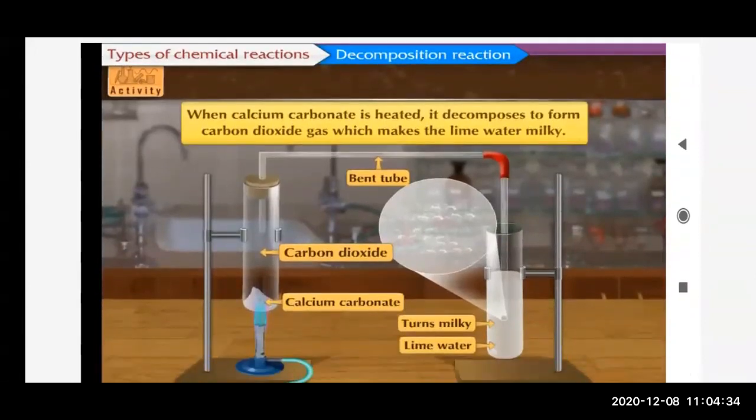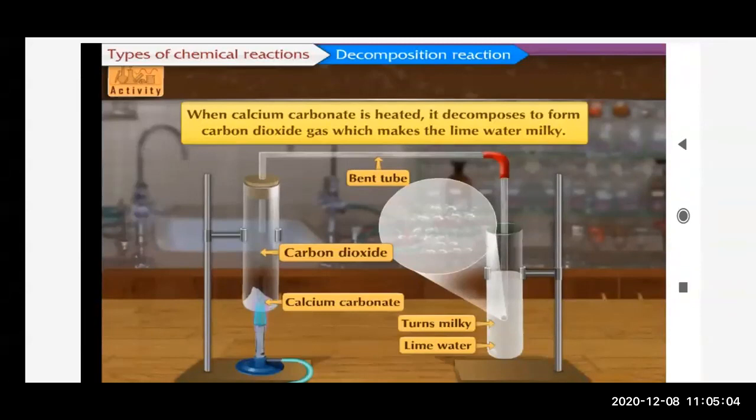Now what happens when we heat the calcium carbonate? We saw in the above activity that calcium carbonate undergoes a decomposition reaction, and the carbon dioxide gas formed turns the lime water milky. Initially you can see the lime water on the right hand side.